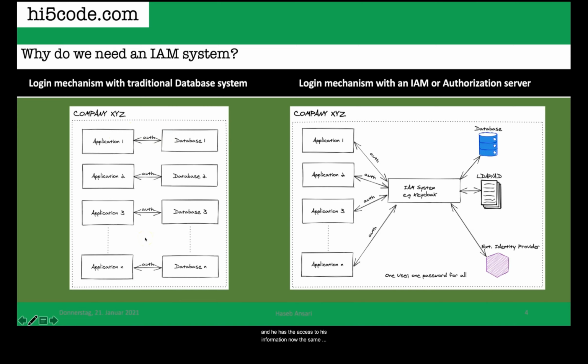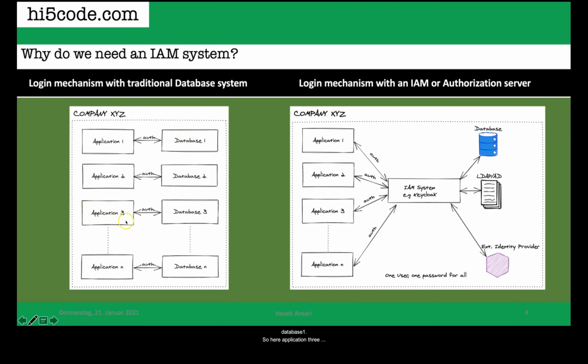Now the same user, within the scope of the company XYZ, wants to use a different application, let's say application 3. Application 3 doesn't know that user at all, because the database of that application is entirely different, and the same user was registered in database 1.